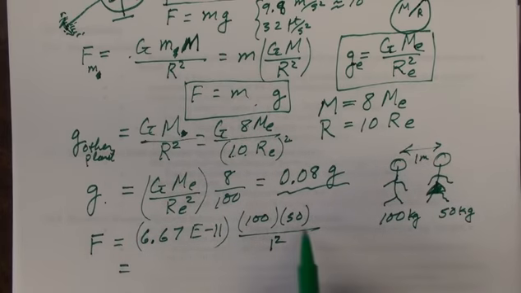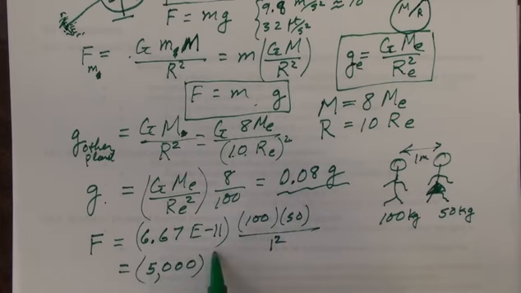So that's going to be 5,000 times 6.67 e to the minus 11.